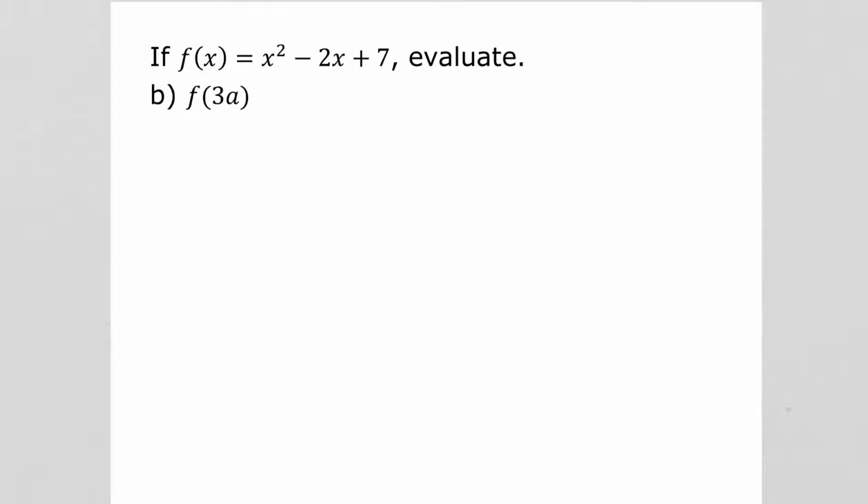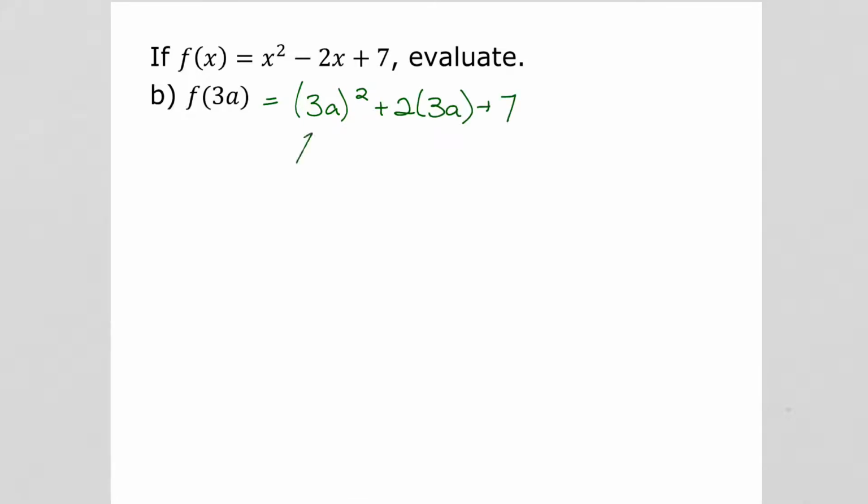Here, we're finding f of 3a. Well, I realize that you wouldn't have an x value of 3a, but this prepares us for things in the future. So to find f of 3a, that's where the x value is 3a. We plug in 3a for x.